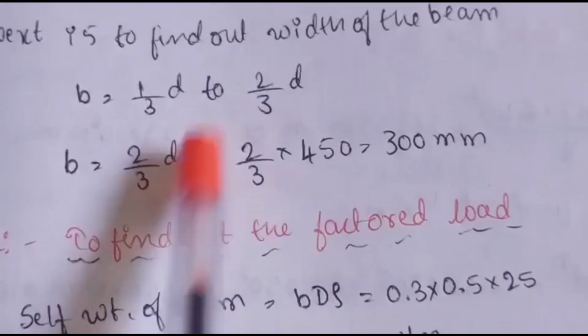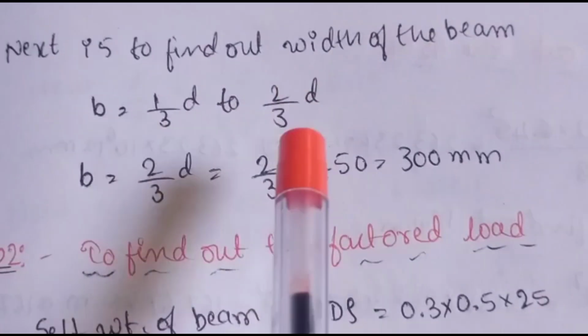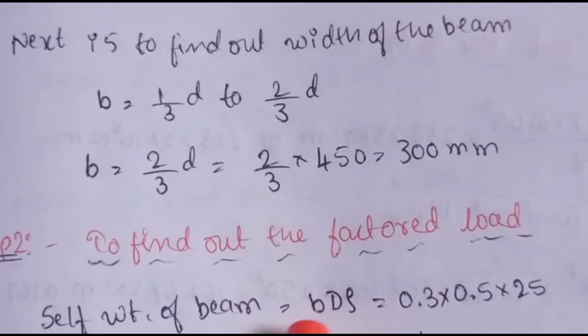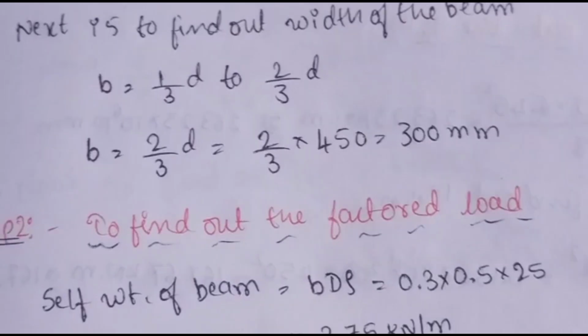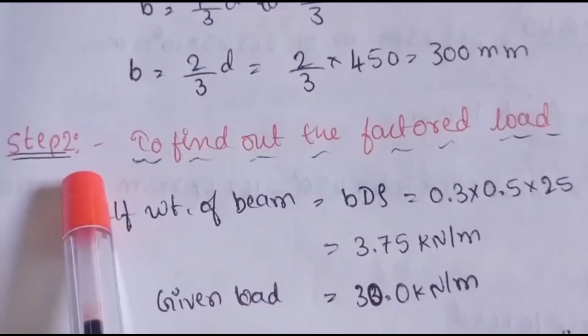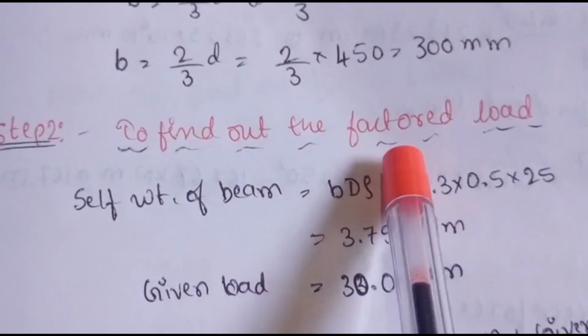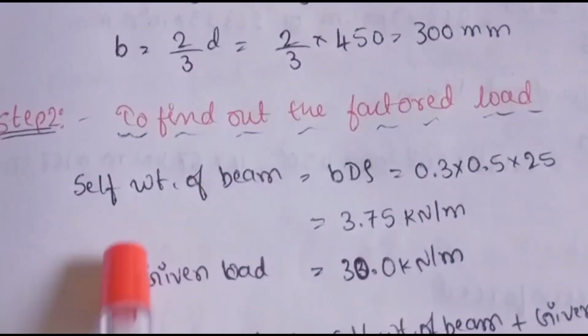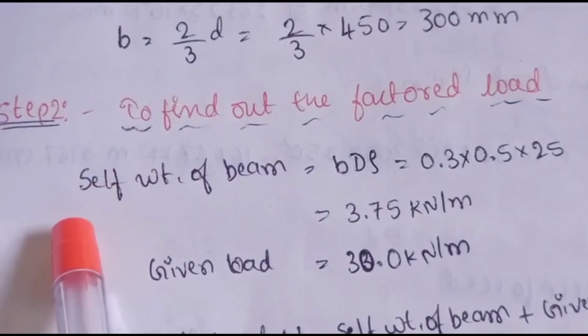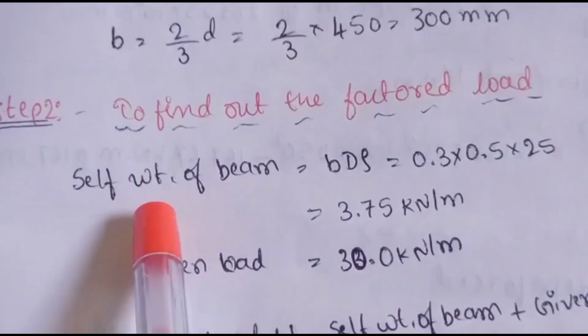So after the calculation of width of the beam, the next step is the calculation of the factored load, or ultimate load. The step 2 is to find out the factored load. So we'll go for calculation of self weight of beam.